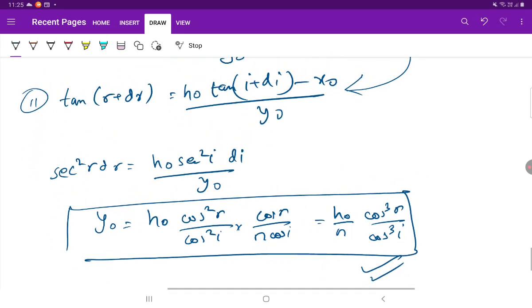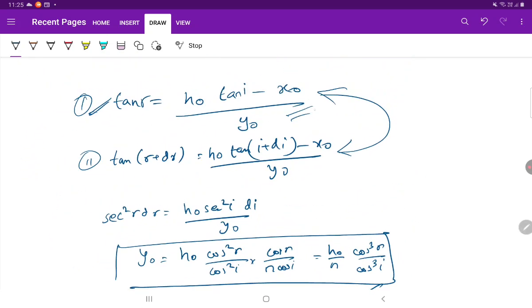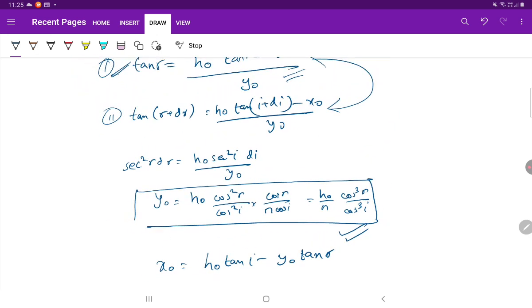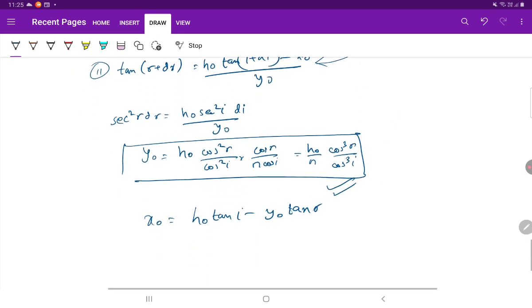Similarly, we'll be finding the x coordinate, just simplifying equation 1. X naught will come out to be h naught tan I minus y naught tan r, right? It will be h naught tan I minus y naught tan r.